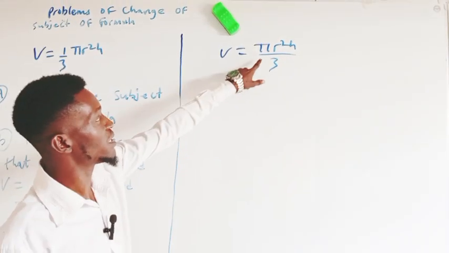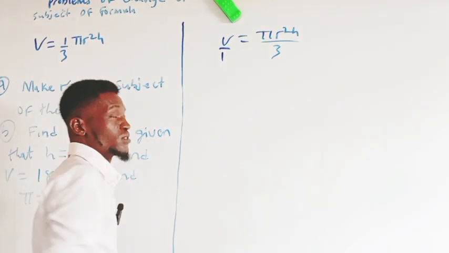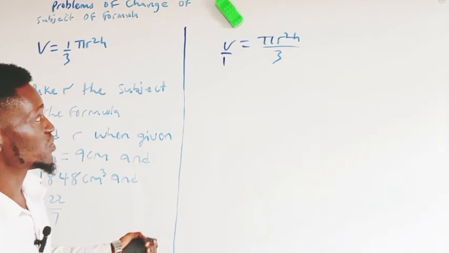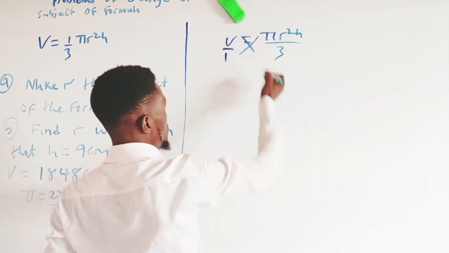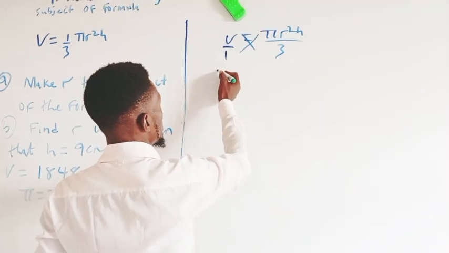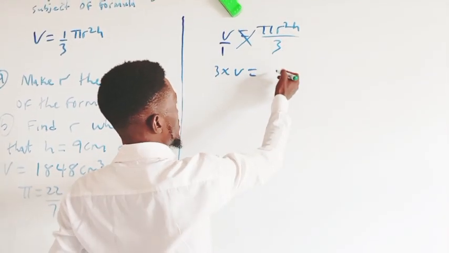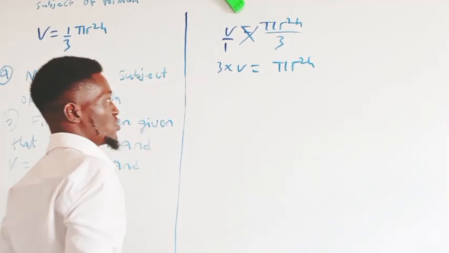So if I have the 3 here, all you need to do is cross multiply, because our major purpose is to get the value of r. So this is 3 times V over 1 times pi r squared h.